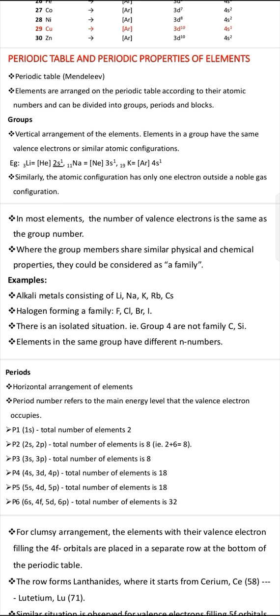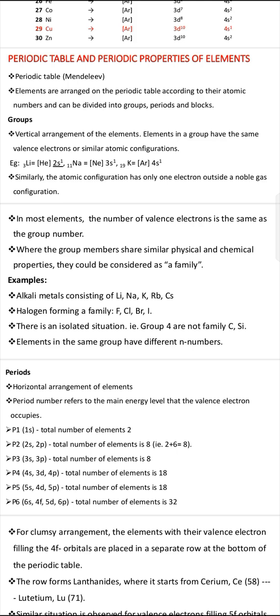So for an element to be in maybe group 1, group 2 or group 3, its last electron has to be on a specific block. So for the groups we have the S block, the P block, the D block, and what?